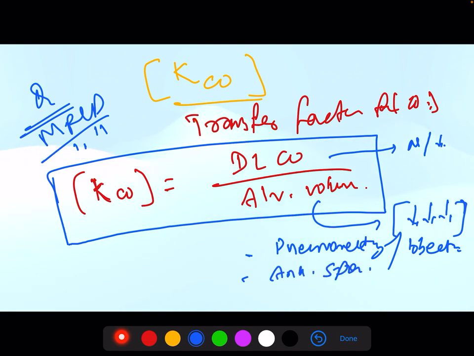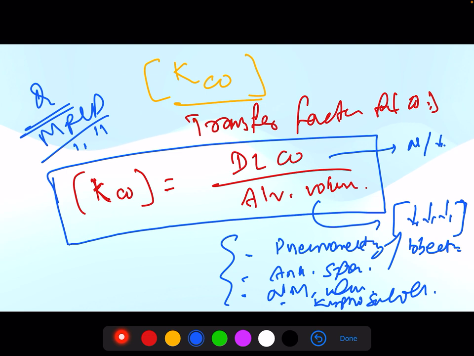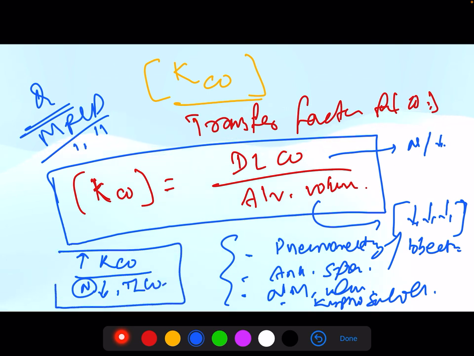Ankylosing spondylitis or neuromuscular weakness, right? Also in kyphoscoliosis. In these conditions, there is a rise in transfer factor or KCO and normal or slight decrease in DLCO. These questions are asked frequently in MRCP and MCQ for NEET, I mean, DNB SS or NEET SS examinations.